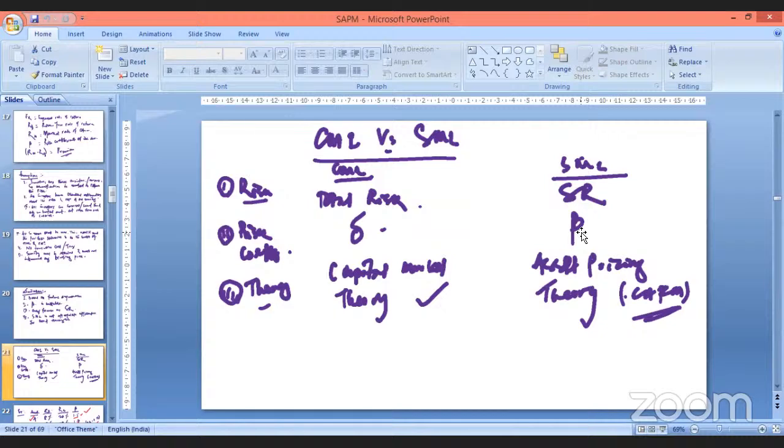But in the security market line, it considers the risk coefficient as beta. Beta means the risk associated with an individual security, not all securities in the portfolio. So standard deviation is the risk of the entire portfolio. Beta is the risk of the individual security. Did you understand?